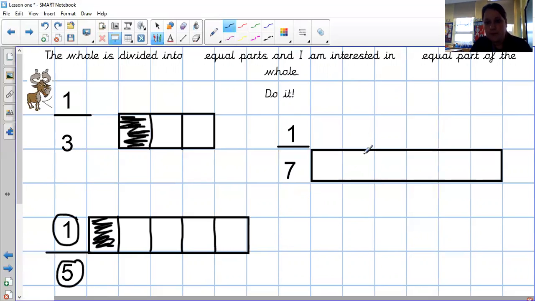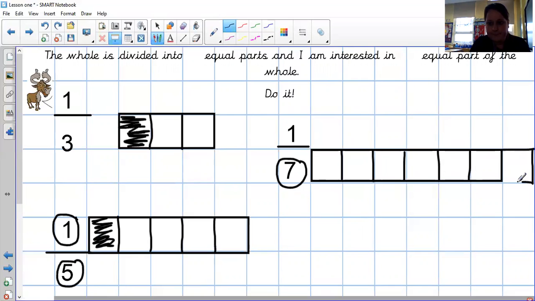Okay, the next one, we've got 1/7. So the whole is divided into 7 equal parts because our denominator is 7. So I'm going to do that now. So I've got 1 equal part, 2 equal parts, 3 equal parts, 4 equal parts, 5, 6. Oh, and we need another extra one there.